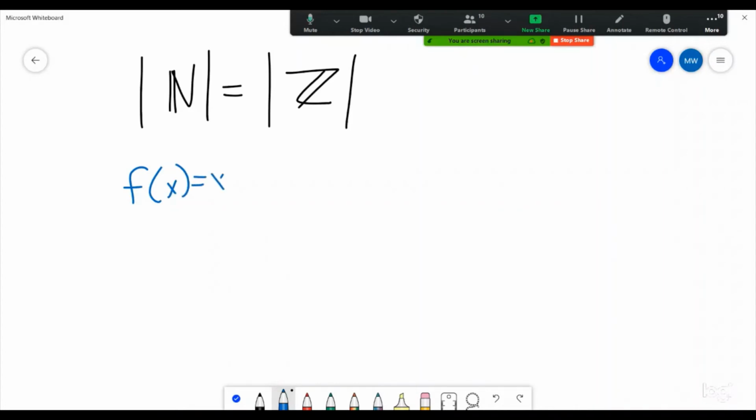So f of x equals x is an injection. But it's not going to be a bijection, because there's no a such that f of a equals -2. So it would be injective, but it would not be surjective.